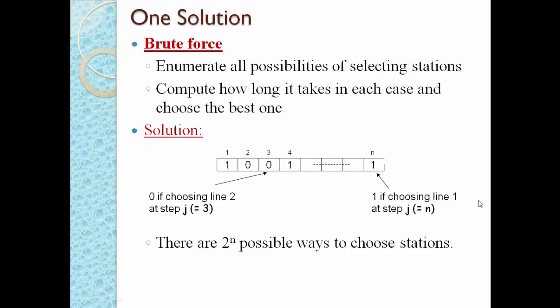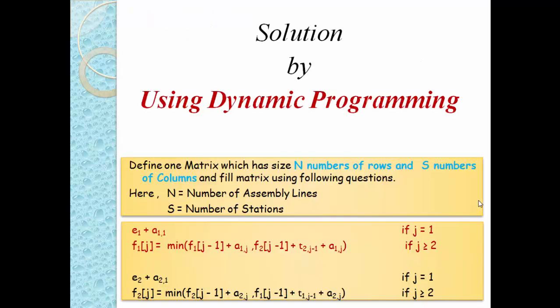Whenever the value of n is very large, this is not a feasible solution, because it has 2 raised to n different possibilities, and among these we have to identify the path which requires the minimum amount of time. So this is not a feasible solution, so we must have another solution, and that is by using dynamic programming.